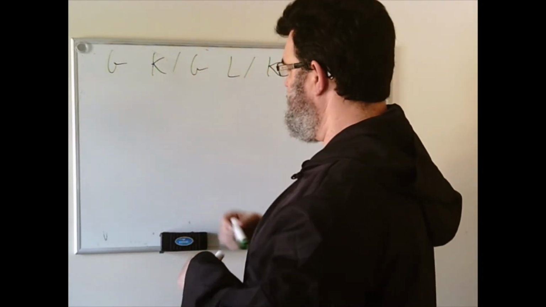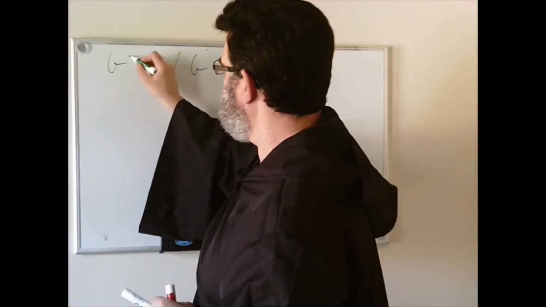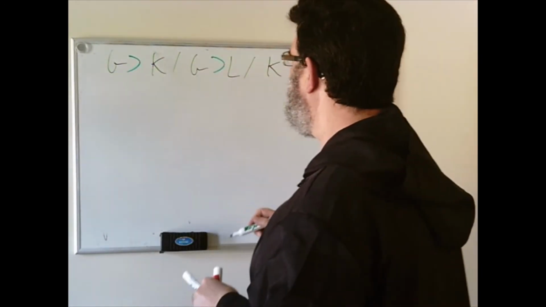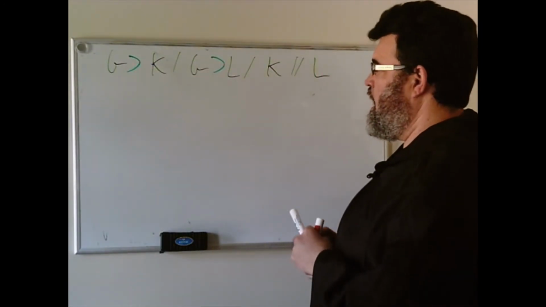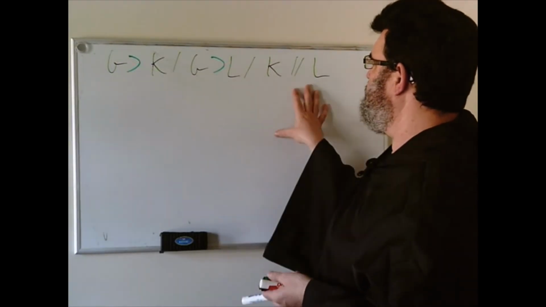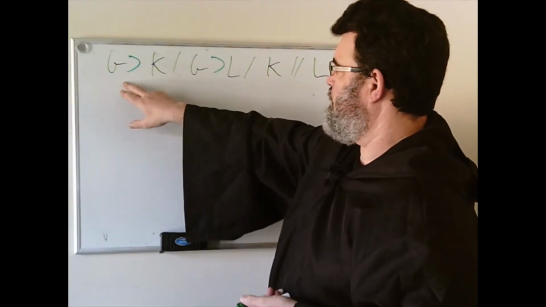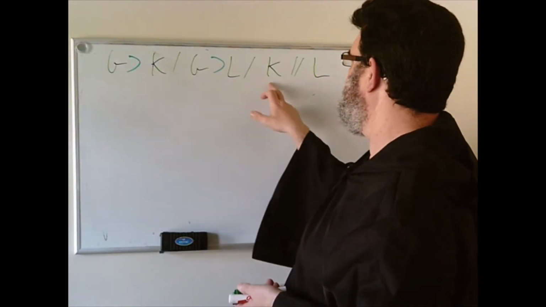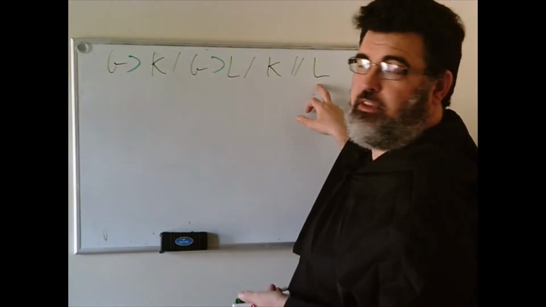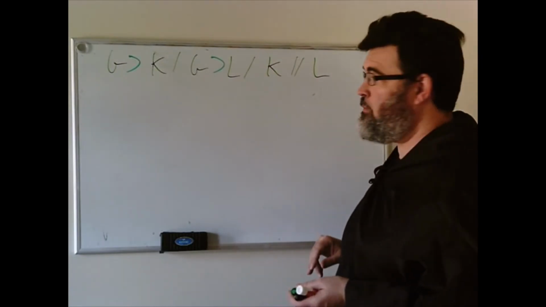I'll use green, as I've been doing, for my operators. And now I have an argument with three premises, right? If G, then K. If G, then L. K. And then L is the conclusion. And L is life in prison.